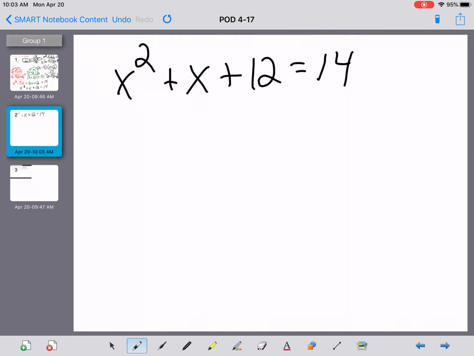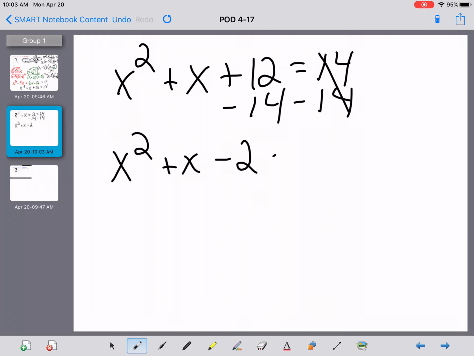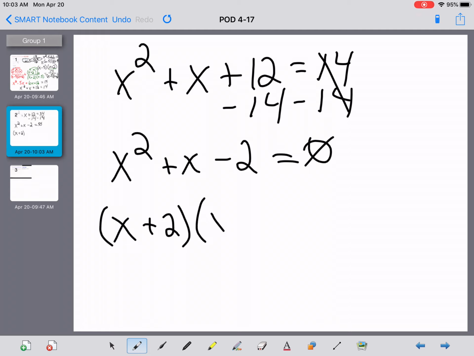Now to solve a quadratic, we need to get it equal to 0, so we can apply the quadratic formula, or we can factor x squared plus x minus 2 equals 0. Now I notice right away that I can factor this, so I'm just going to go ahead and factor this into x plus 2 and x minus 1. Yeah, took a little shortcut. You guys can use the quadratic formula, or you could use magic X to factor that if you'd prefer.